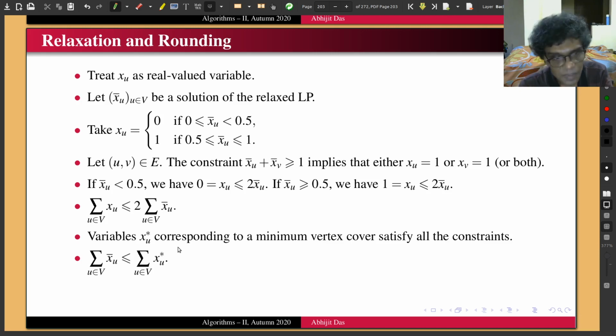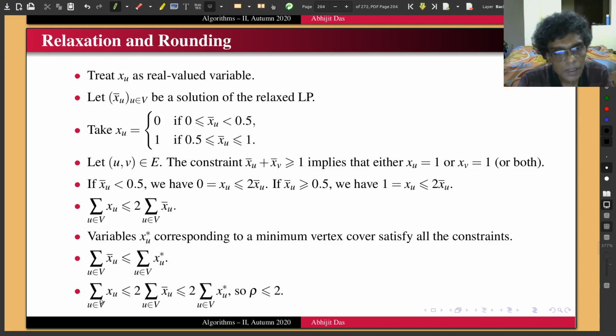To sum up, this is the number of vertices in the vertex cover returned by this algorithm. This is less than or equal to 2 times the number of vertices in an optimal vertex cover. And therefore, the approximation ratio, this sum by this sum, is less than or equal to 2.